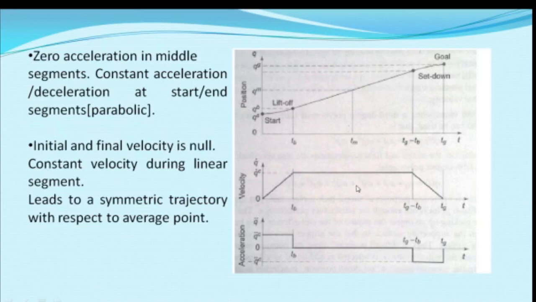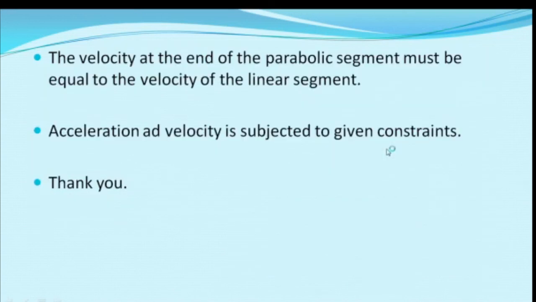As far as velocity is concerned, there is a constant velocity in the middle part, and you can see increasing and decreasing velocity at the end parts, meaning during the parabolic segments. So this leads to a symmetric trajectory profile. You can see this is the middle point. If you see both sides, you see a similar symmetrical profile there.